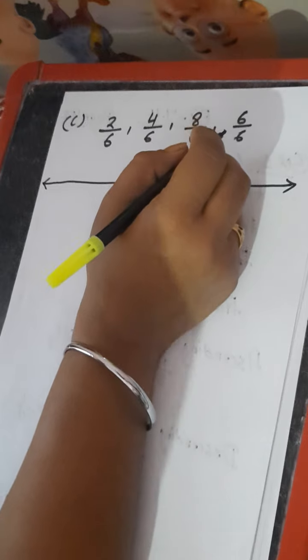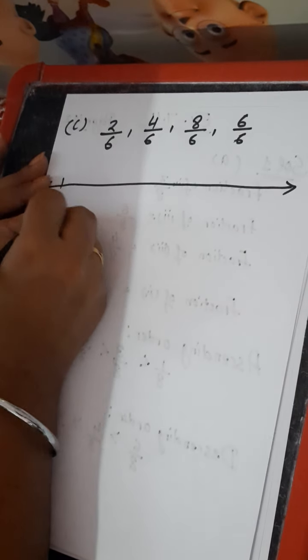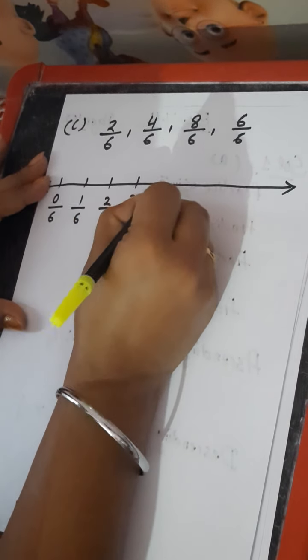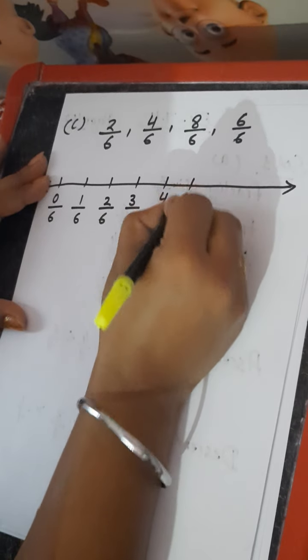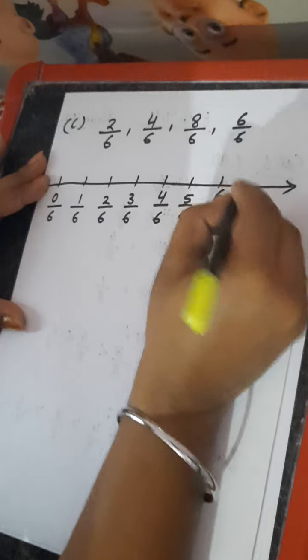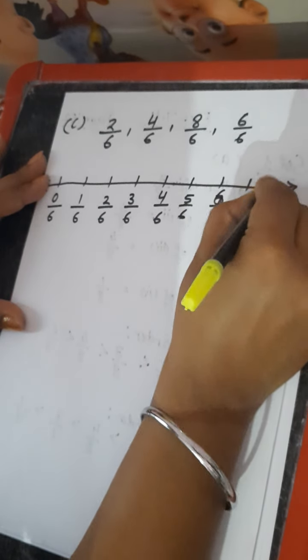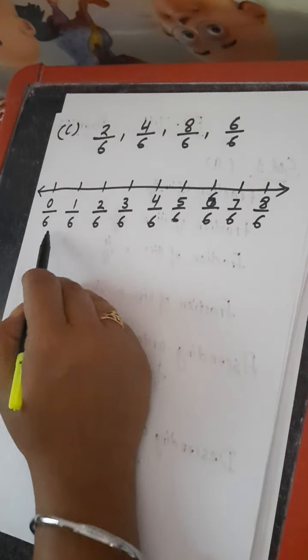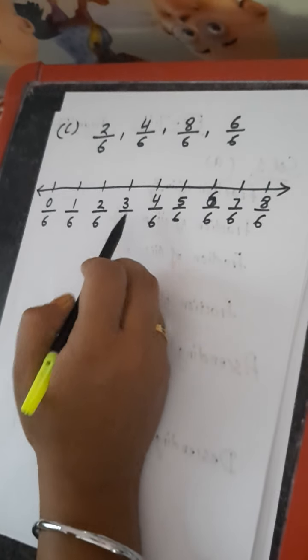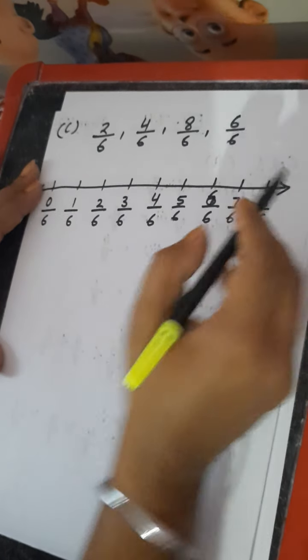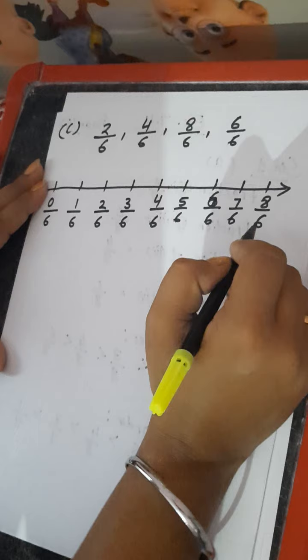So you have to write 0/6, 1/6, 2/6, 3/6, 4/6, 5/6, 6/6, 7/6, then 8/6.